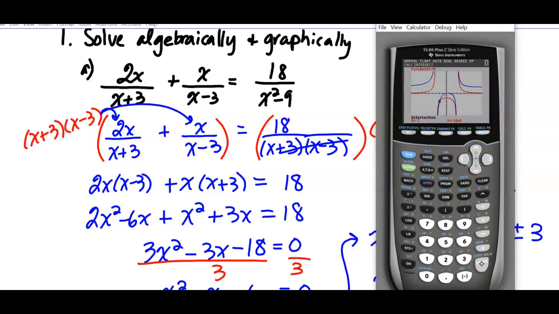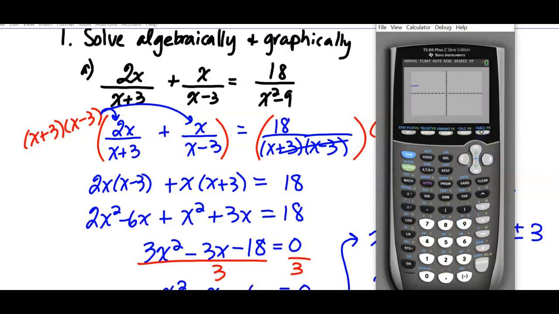So doing it the other method, where we put everything on one side, so I'm going to delete my y2 and put y2 equals 0. That's the equation of the x-axis. Then I'm going to go up and keep that there and bring the right side over. So that's going to be minus 18 over x squared minus 9.